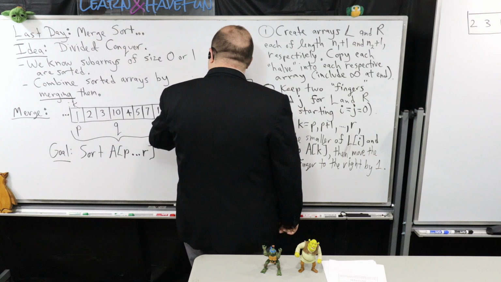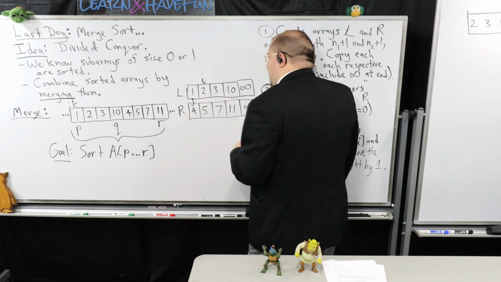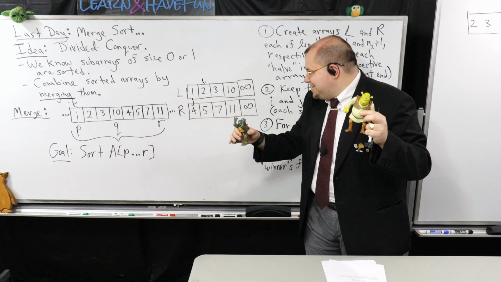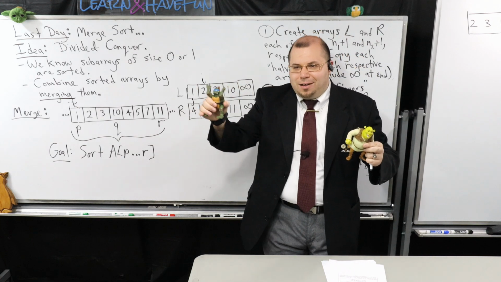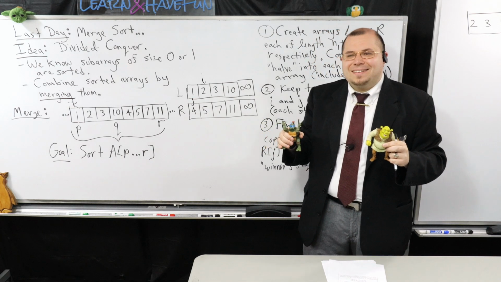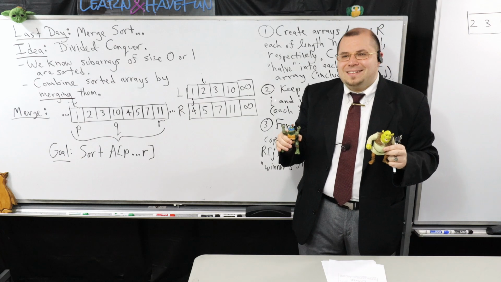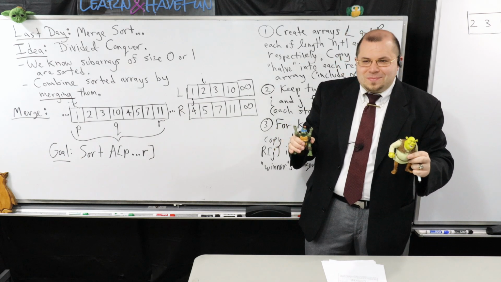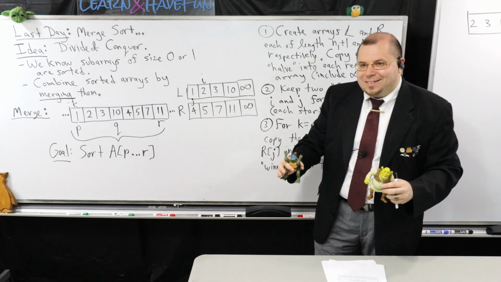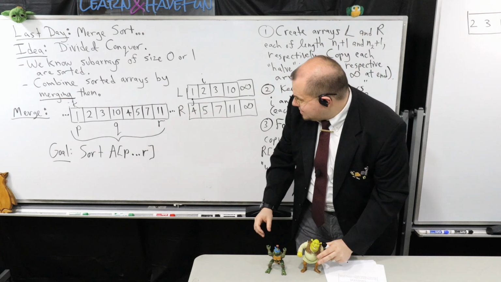So I move over my finger. Now, Team L presents me a 2. Team R presents me a 4. Which one wins, Team L or Team R? Which one wins this time? L, yeah, exactly. Team L wins.